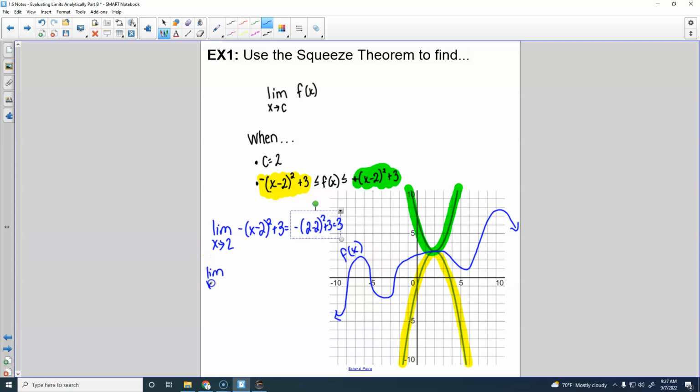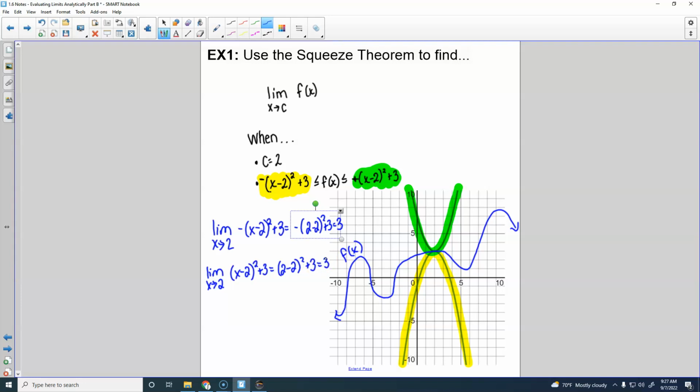And then we do the same thing for the green graph. So (x minus 2) squared plus 3. That's going to be (2 minus 2) squared plus 3, which also equals 3.